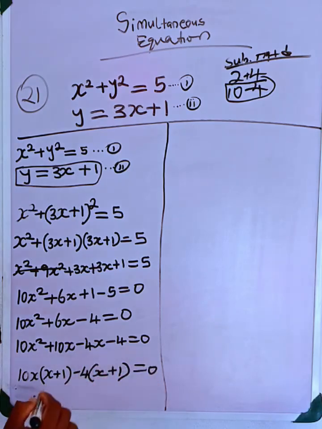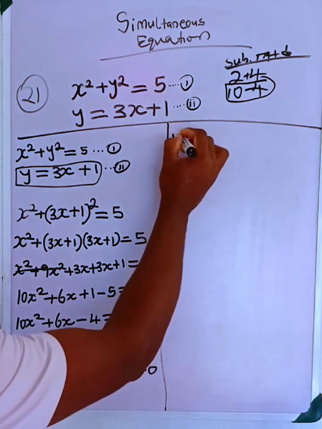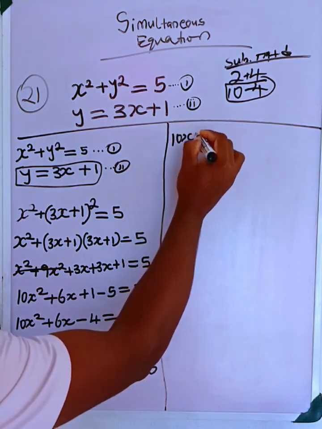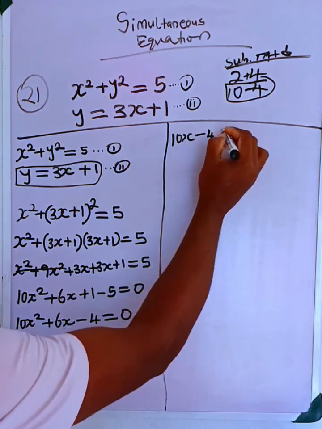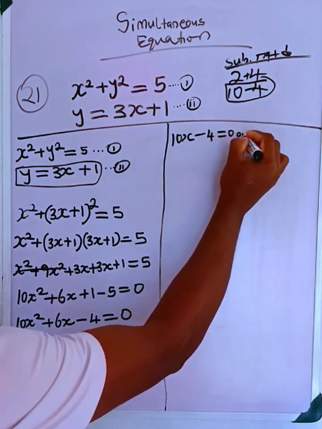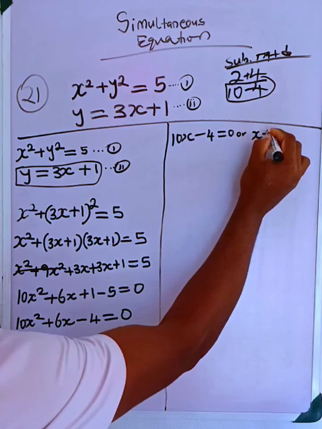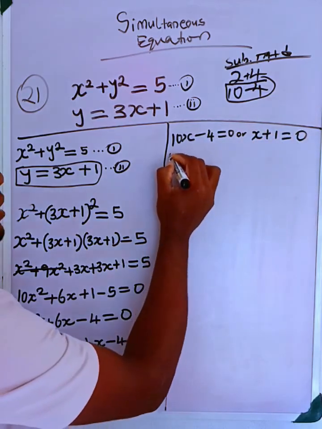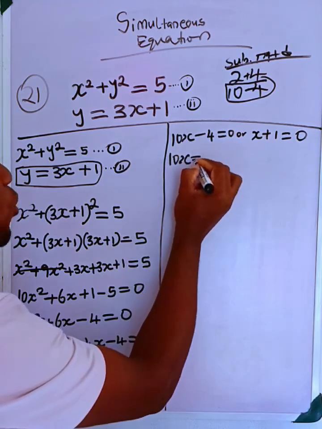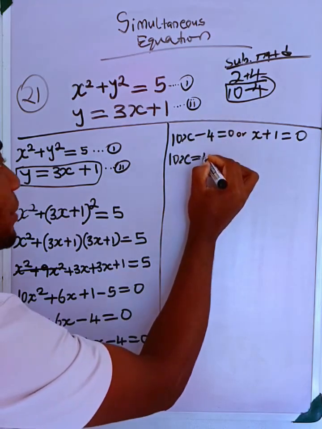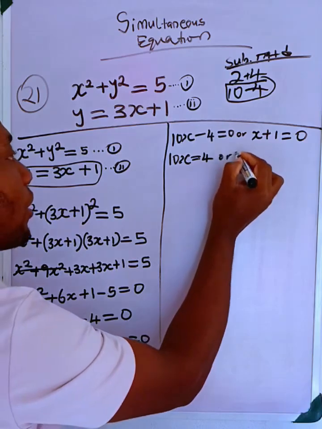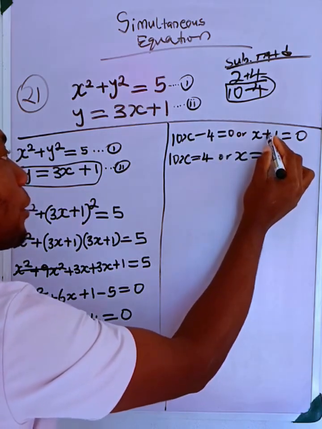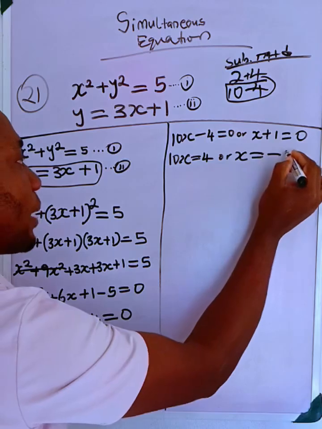All equals 0. Therefore, 10x minus 4 equals 0, or x plus 1 equals 0. Are you following? 10x equals 4 as minus 4 crosses the equality sign. Or x equals minus 1, as plus 1 crosses the equality sign.